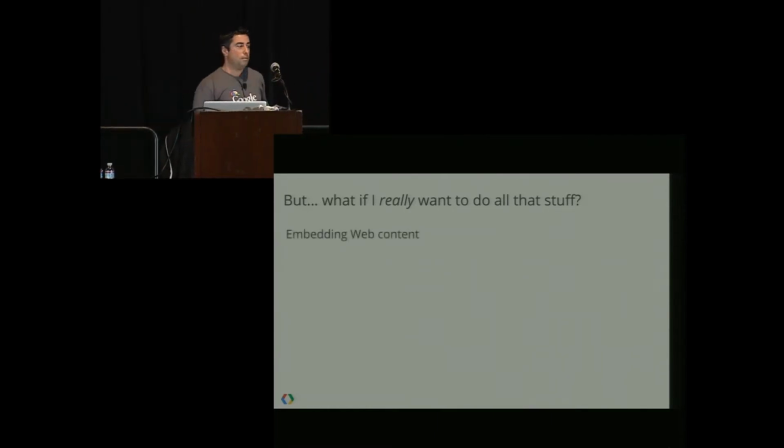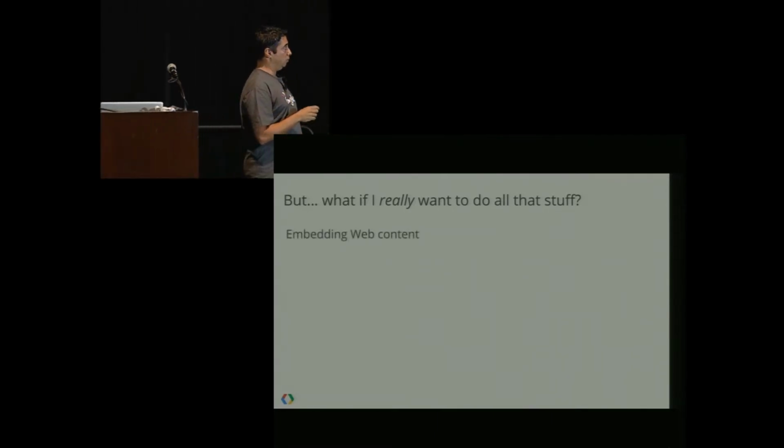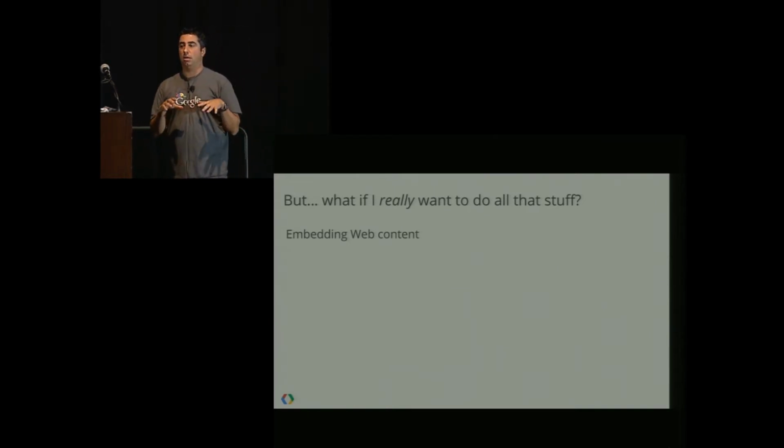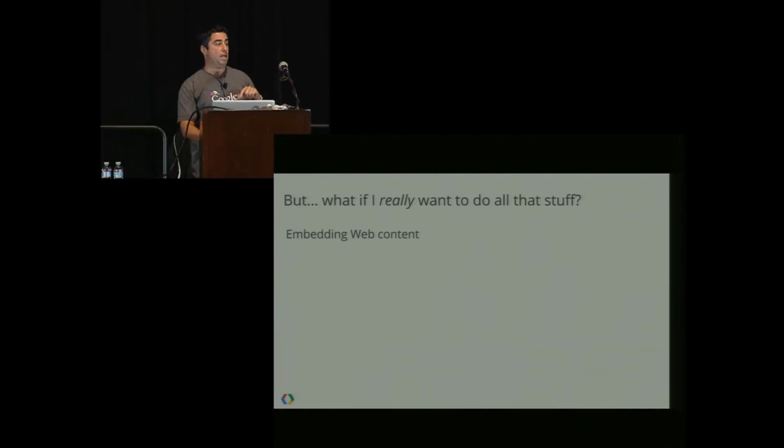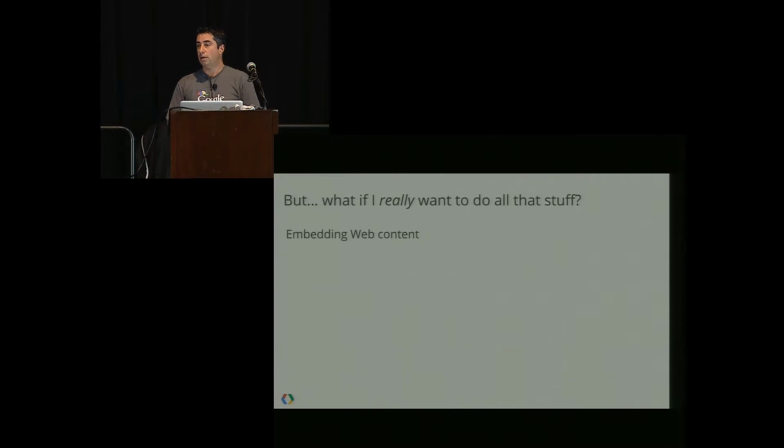All right. So you can actually do that stuff. We do give you a way of accessing web features that CSP would ordinarily have blocked. So for example, if you want to embed web content in your app, this is a pretty common scenario, right? You've got rich help content or whatever. You want to show a window that has browser content in it.